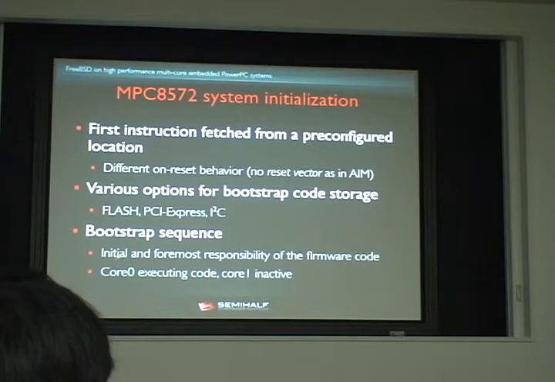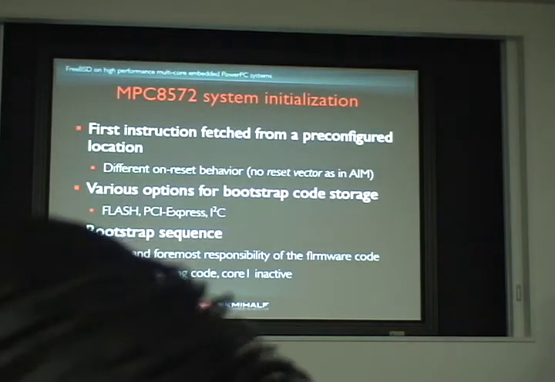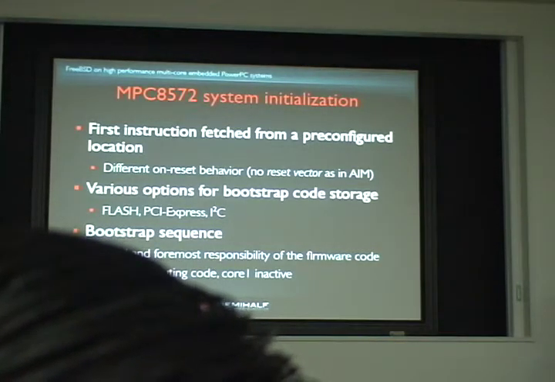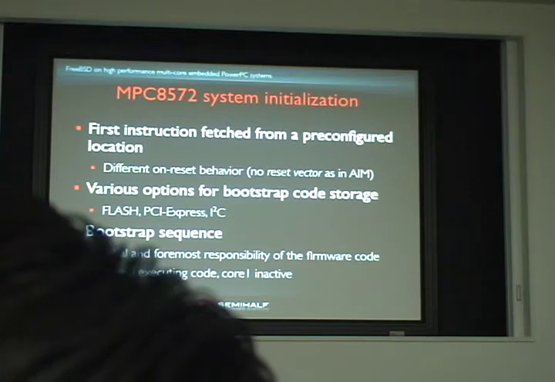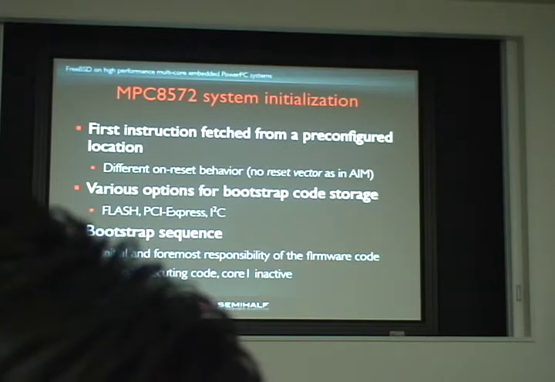So we will have core 0 executing the code, while the second core will be dormant. It will be held back, and it won't be activated at all. That's the overall approach here, and that's what our FreeBSD kernel expects from U-boot, that it wouldn't activate.